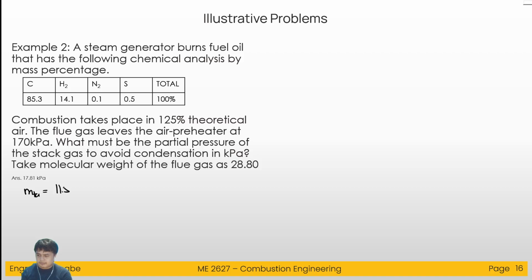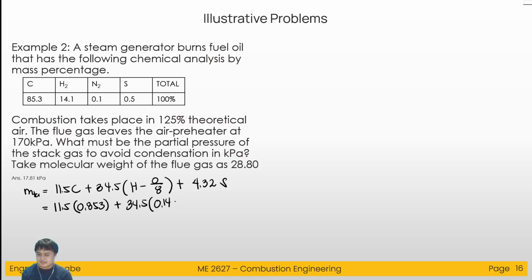So the mass of the theoretical air is 11.5 C plus 34.5 H minus O over 8, and then plus 4.32 S. Now, the given here, you have 11.5 C. So C here is 85, sorry, it should be in decimal places, 85.3, plus 34.5, H is 14.1, minus, so we don't have oxygen, so this will be just 0, minus 0 over 8.